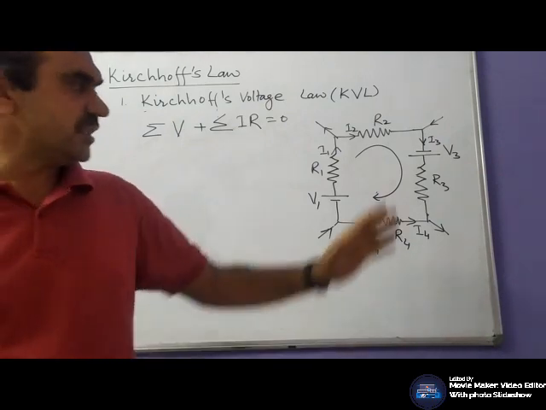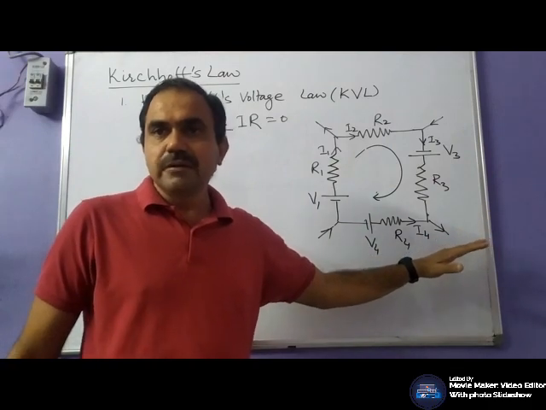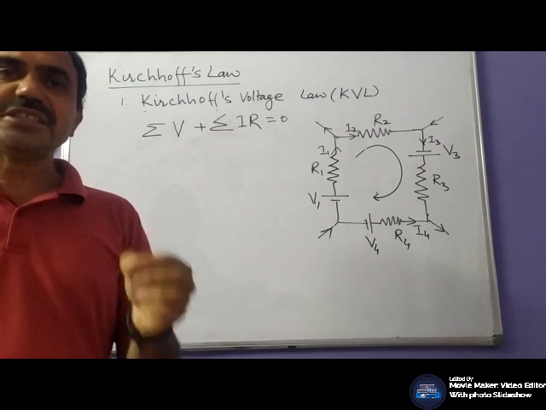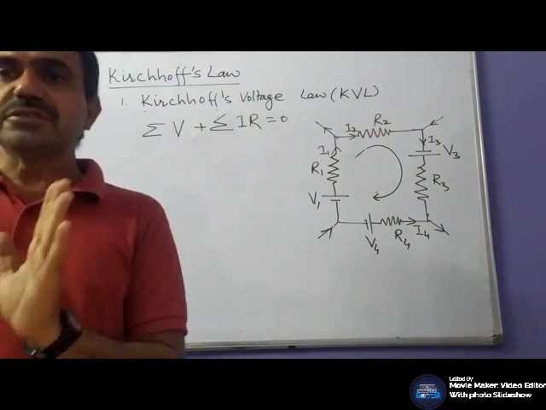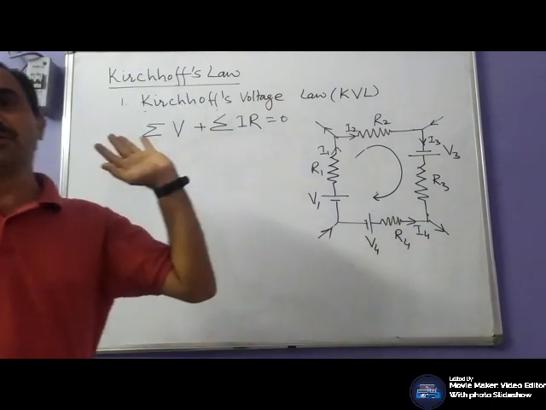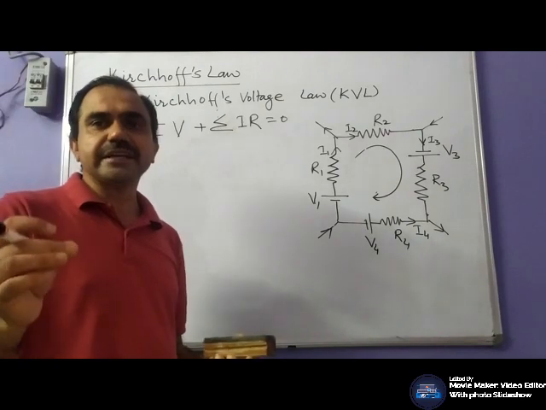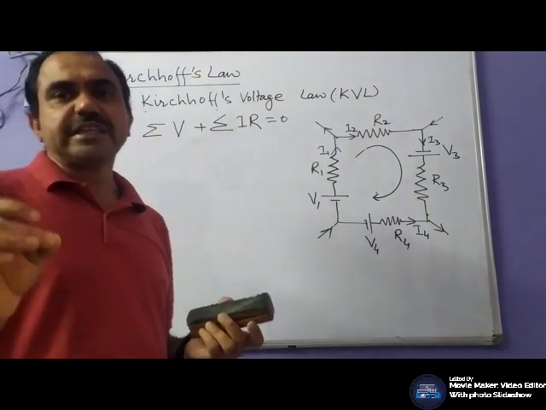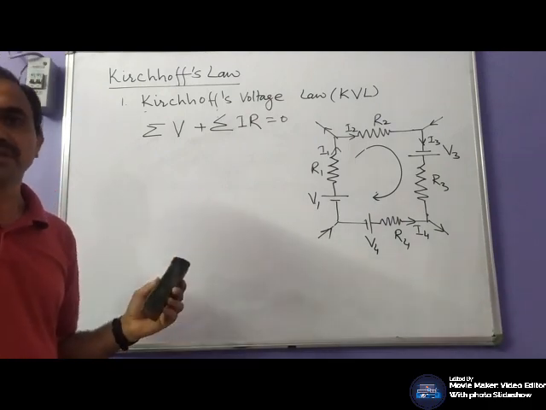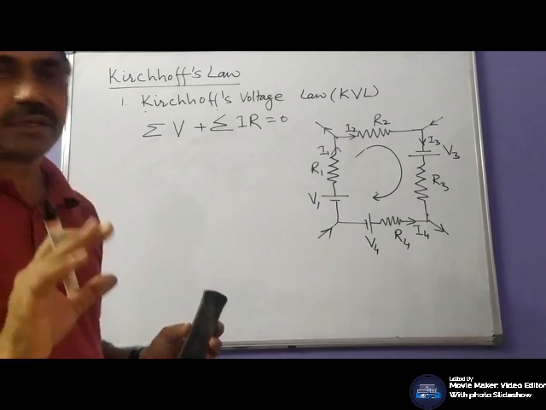Initially select whether lower to higher is positive or higher to lower is positive. That is your choice. Once you have selected, you have to sustain it, with no change thereafter throughout solving the whole network.